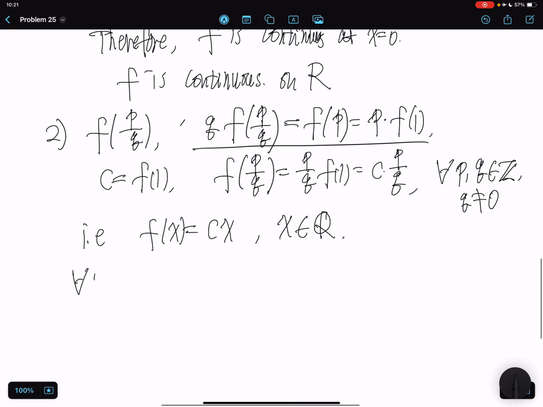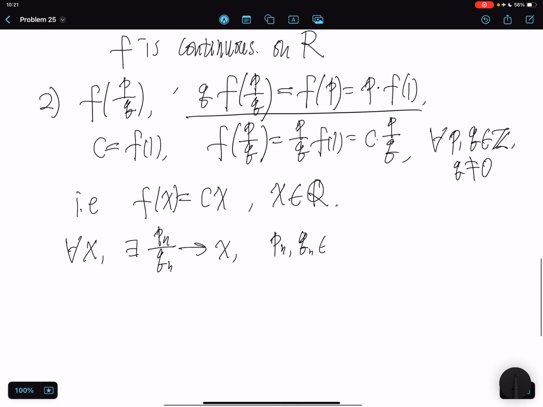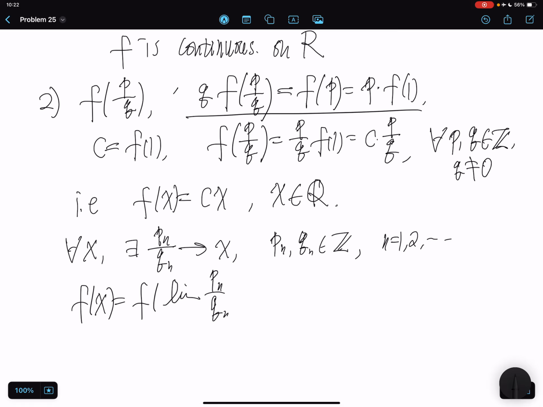For any x, there exists a sequence p_n over q_n going to x, where p_n and q_n are integers, right? Now f of x is f of the limit of p_n over q_n, which are all rationals.